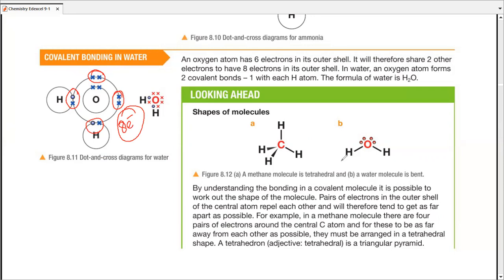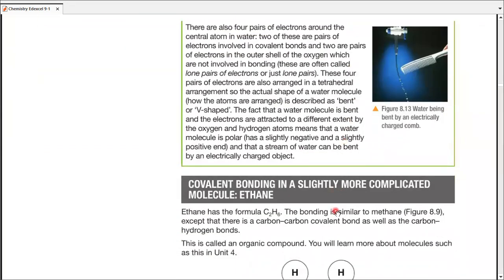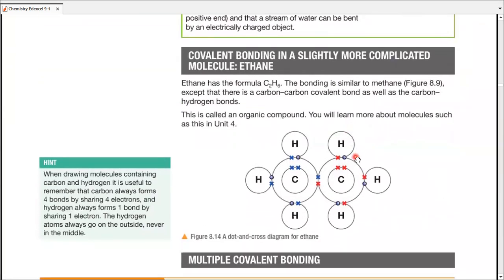Are we good? I'm going to skip the looking ahead part for now since it's not a part of syllabus. We may study it a little later when you're good with it. When you talk about covalent bonding in a slightly more complicated molecule, for example, ethane, and since ethane has 2 carbon atoms, all right?